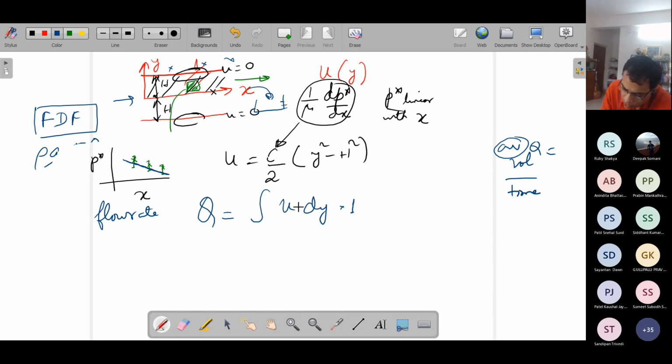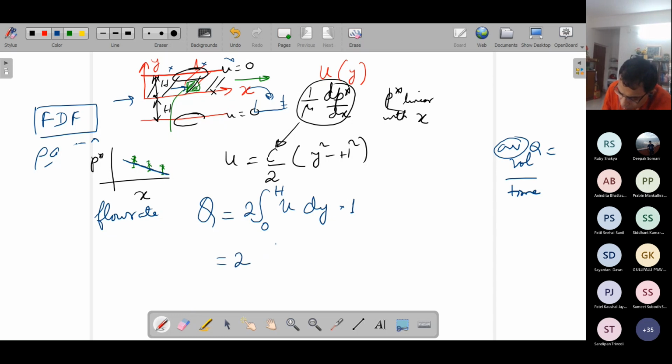So u is the normal component of velocity which is actually going through this space, and u into dy into 1. You can integrate it from 0 to h to get it for half of the channel, and then multiply it with 2 to get the full cross section.